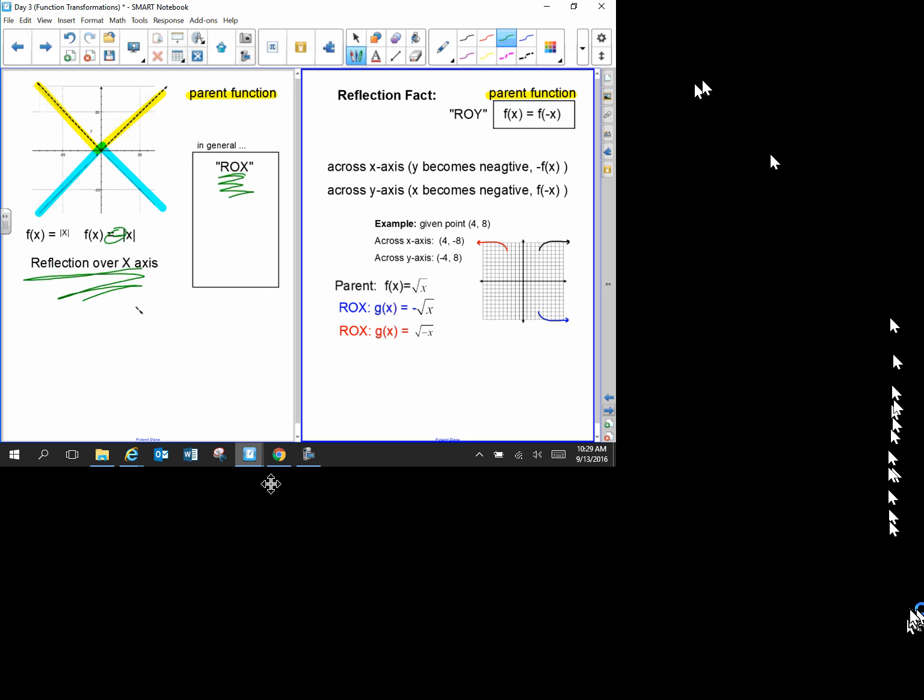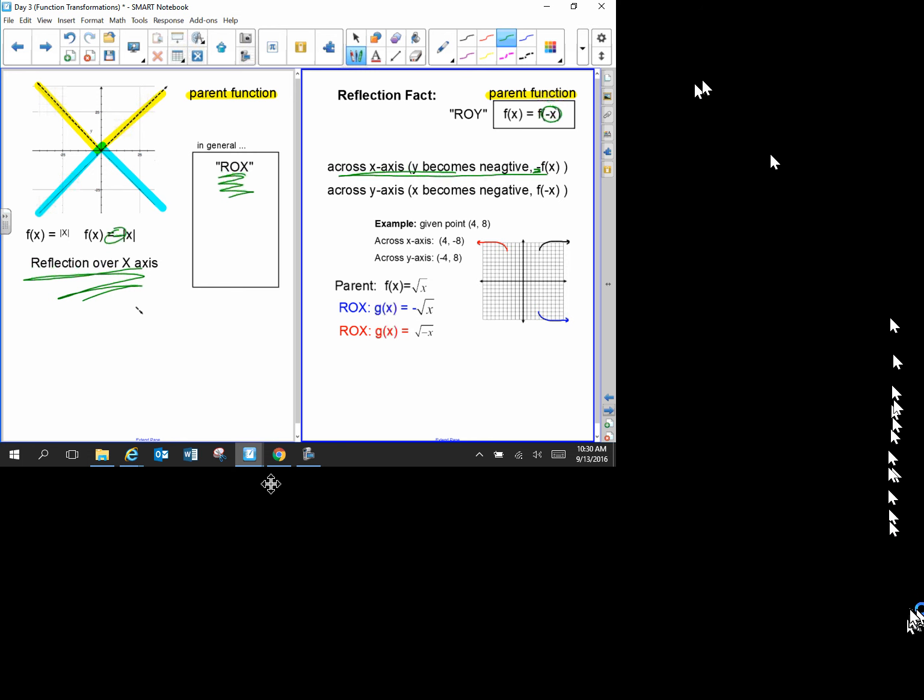When I reflect over the y-axis, this moves in the x direction. That's taking my x's and negating them. That's a reflection over the y-axis. If I wanted to go across the x-axis, I negate the entire function. If I wanted to go across the y-axis, I negate just the x's.